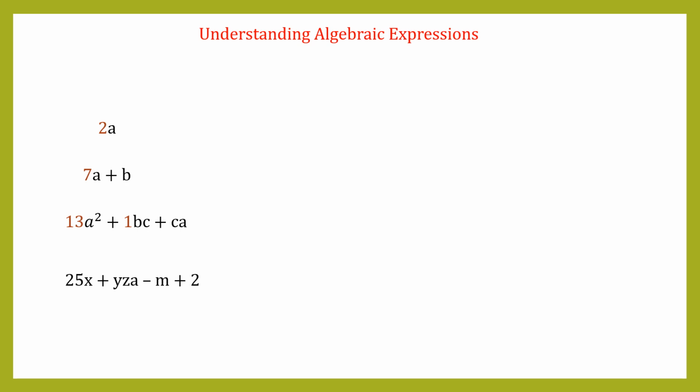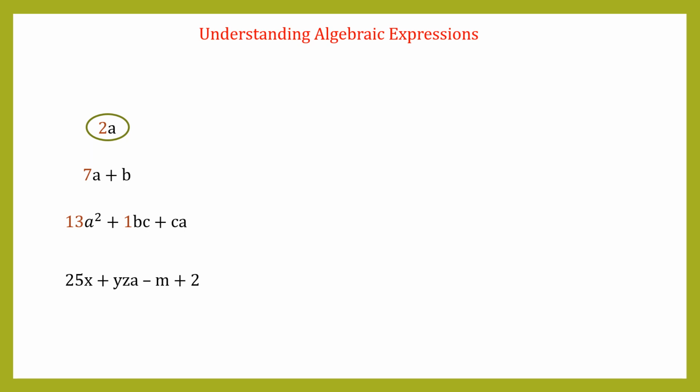Now let's take the first example, that is 2a. Dear children, you can see here 2 and a, there is no sign in between, so it's multiplication, that is 2 into a. So 2a is nothing but one term.